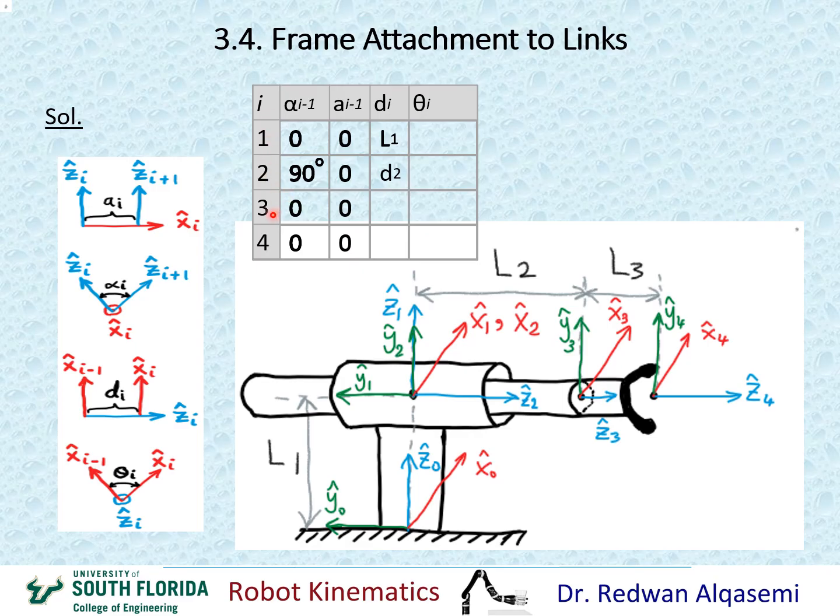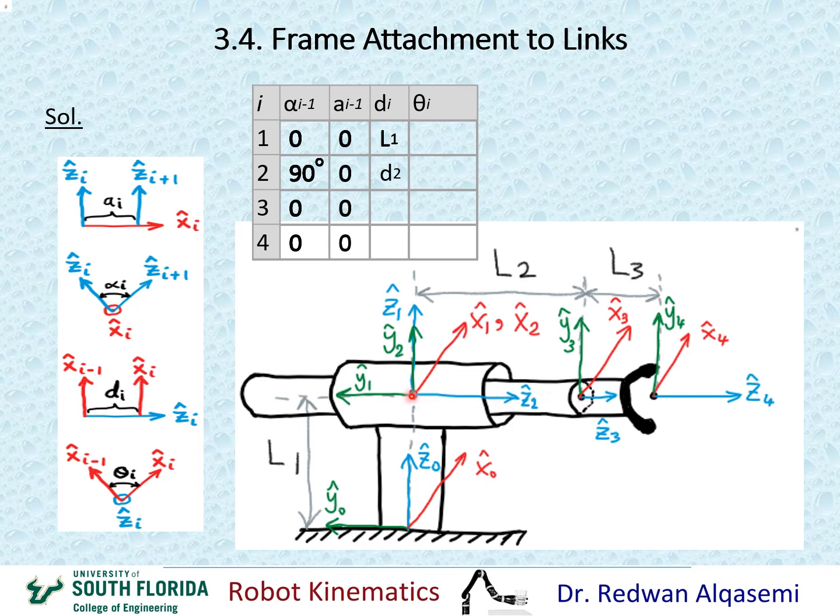All right, when i equals 3, I'm looking at di, which is d3. So for d3, I'll be looking at x2 and x3 along z3. This is x2, and this is x3, and I'm looking along z3. Obviously there's a distance between this point and this point.